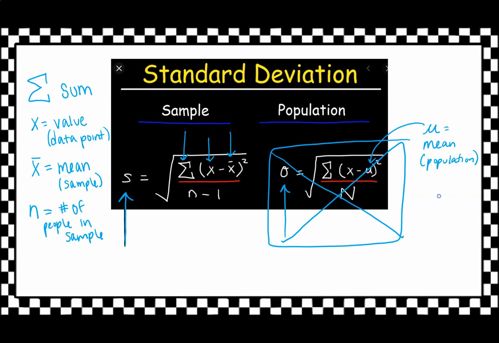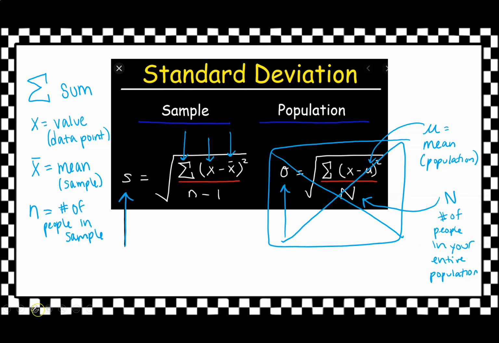And notice how here we actually have a capital N. That's kind of interesting. That N is uppercase because it stands for the number of people or things in your entire population. Again, we're not going to deal with that too much because that's pretty impractical to survey the entire population.